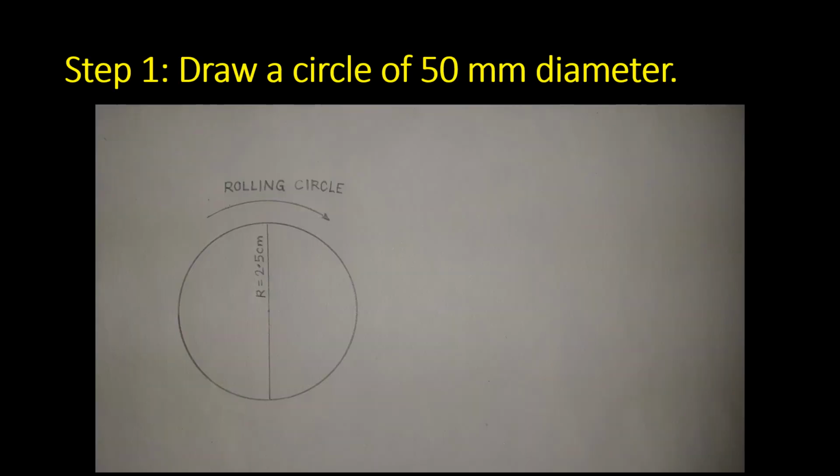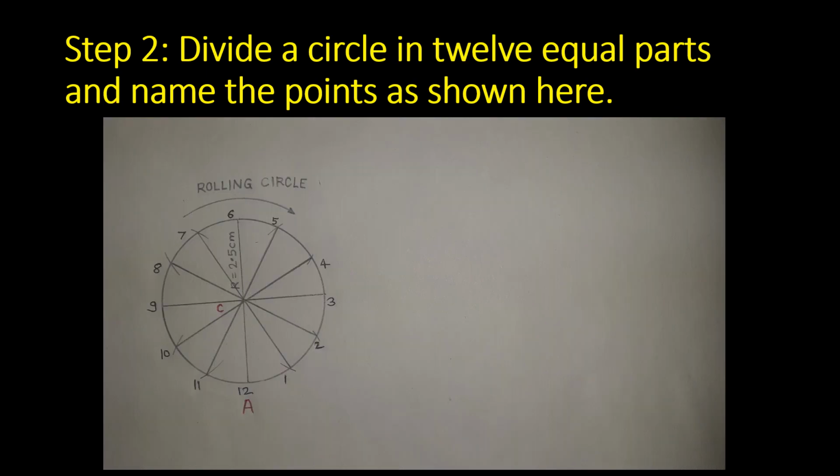I am giving stepwise instructions to construct cycloid. Step 1. As per given statement, draw a circle of 50 mm diameter. Step 2. Divide the circle in 12 equal parts and name the points as shown here.